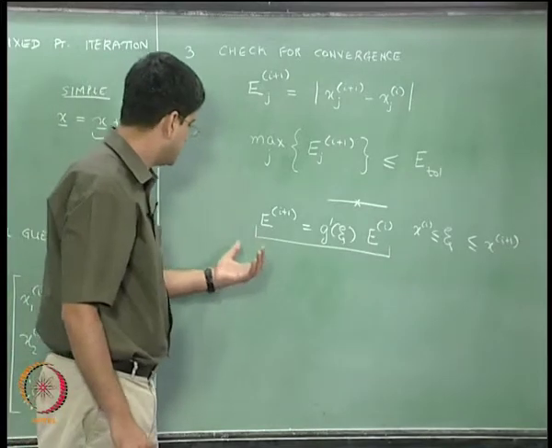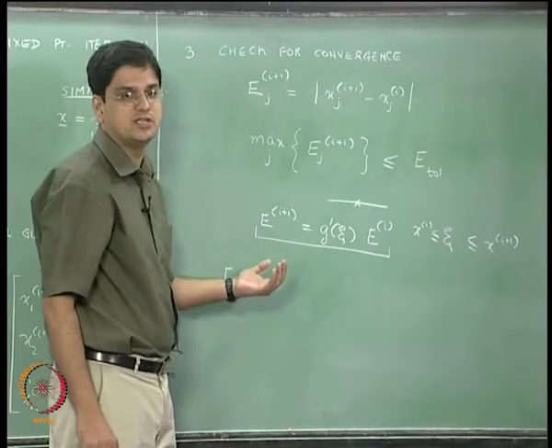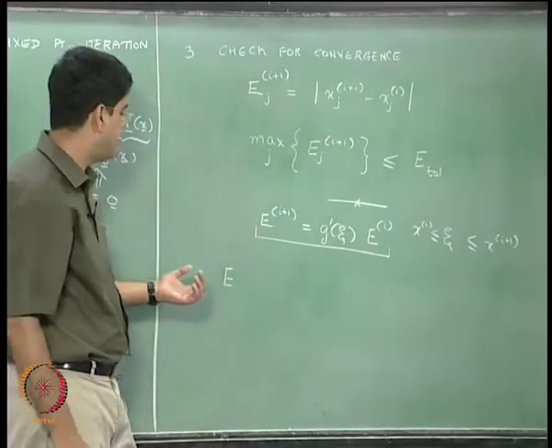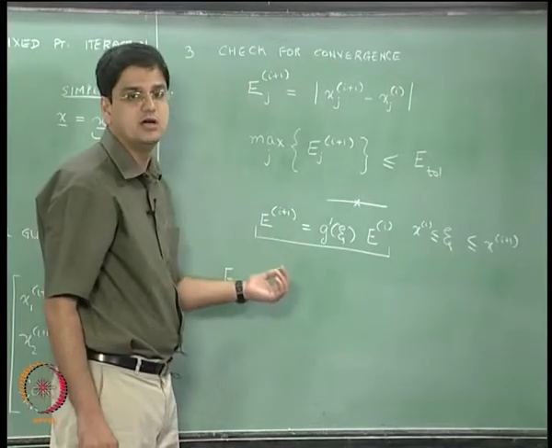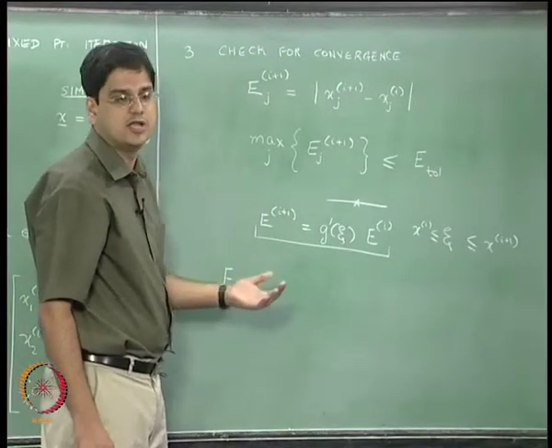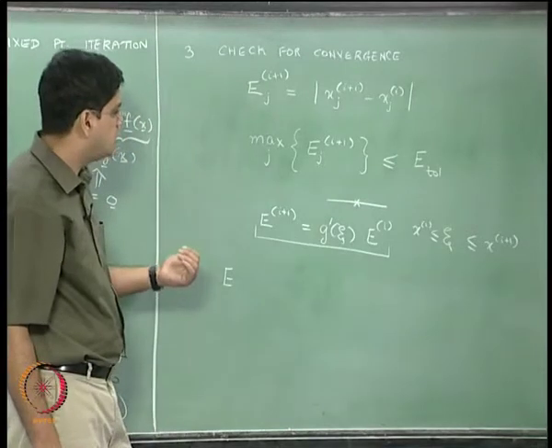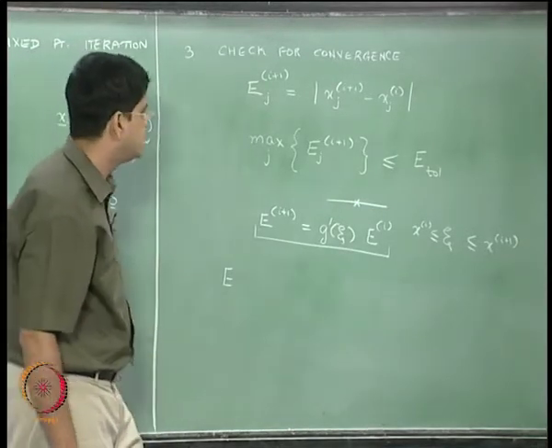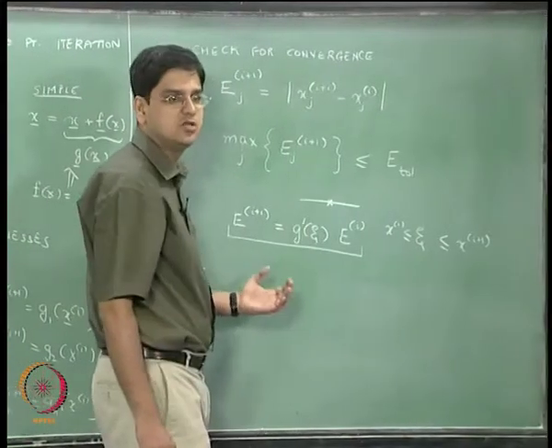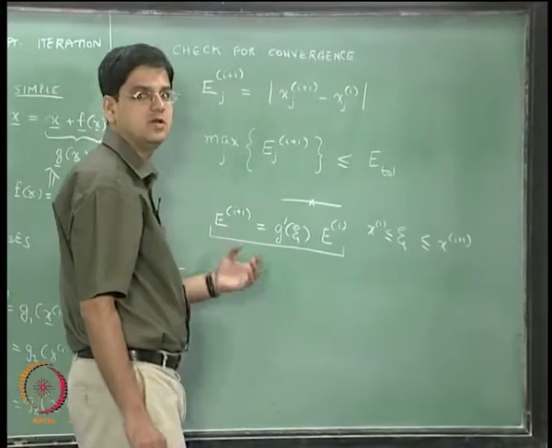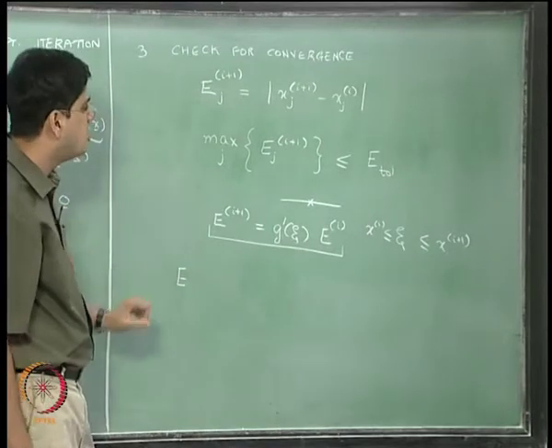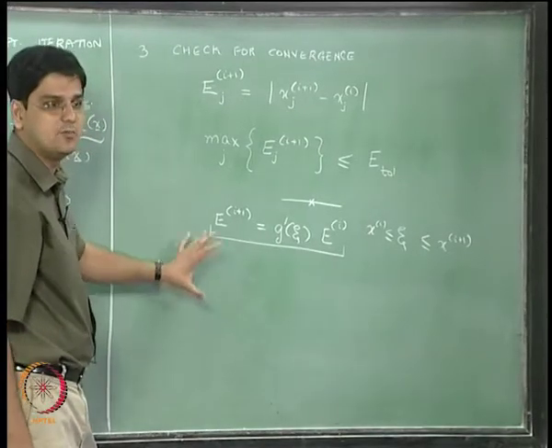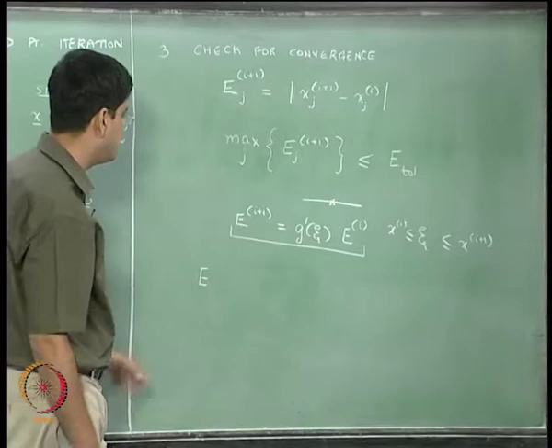There is Chhapra and Canal, Numerical Methods by Chhapra and Canal, Numerical Methods for Engineers by S.K. Gupta, or Numerical Recipes in C by Press et al. If you refer to any of these standard books, more detailed derivations for what we are doing will be provided by them.